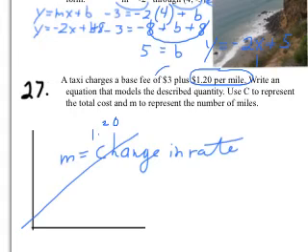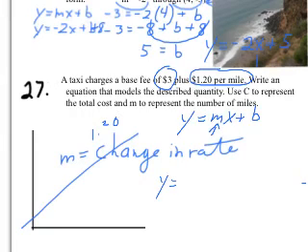Now the $3, that's extra, right? That's a base fee, so it's charged. You have to pay that no matter how far you drive. So it makes sense that if we were going to put it into y equals mx plus b form, the change in rate is going to be our m. So we have y equals 1.2 times x plus our b.